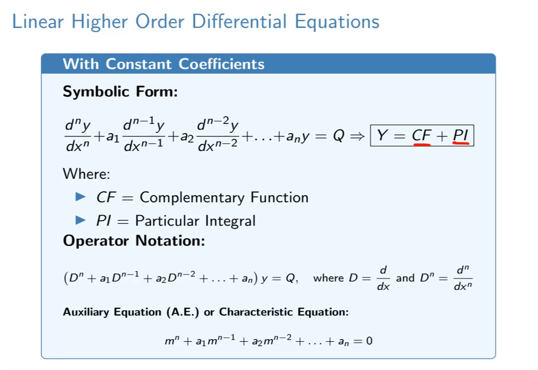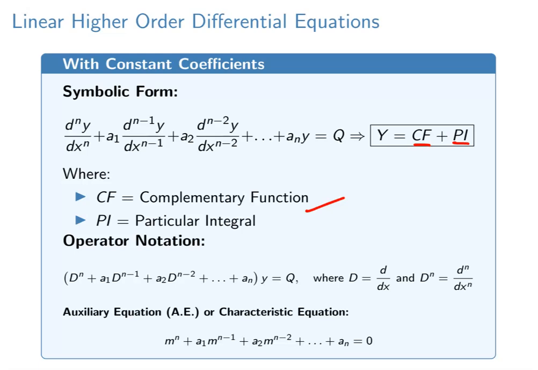Here CF is the complementary function and PI is the particular integral. In operator notation, this is D^n + a_1 D^(n-1) + a_2 D^(n-2) + ... + a_n, applied to y, equals Q, where D is d/dx and D^n is d^n/dx^n.